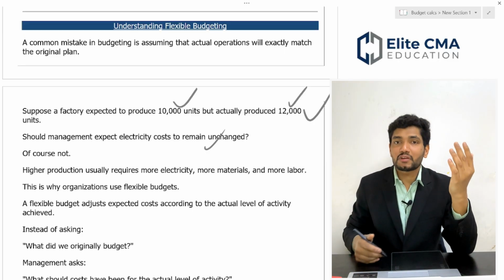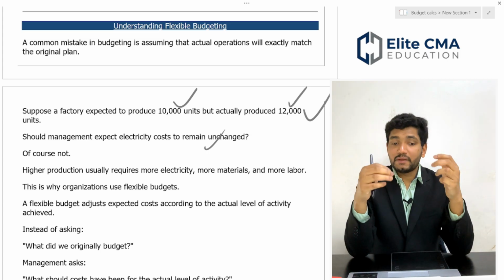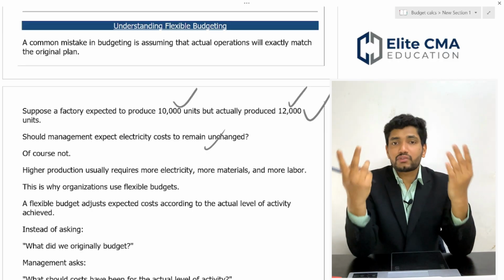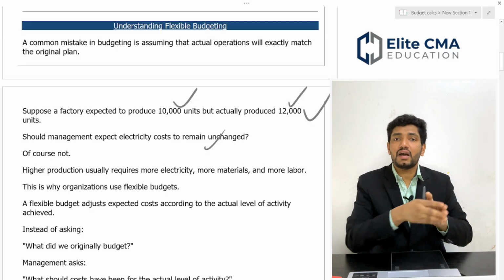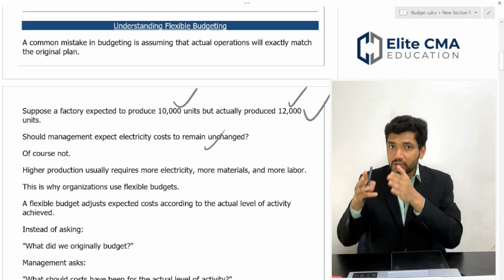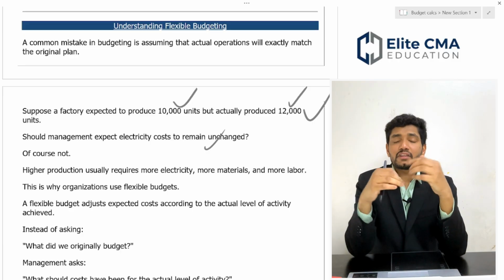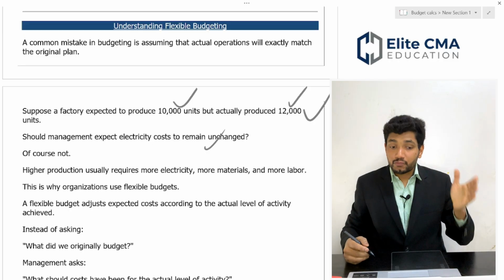Otherwise, the comparison will not be meaningful, because you budgeted your expenses based on 10,000 units and the actual production is 12,000 units. So you cannot compare the 10,000 unit budget with the actual 12,000 units production. Your budget has to be converted into 12,000 units. This process is what we call flexible budgeting.